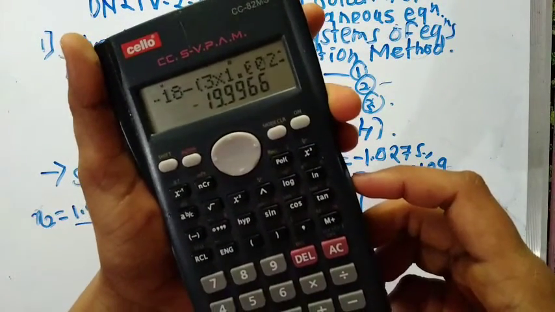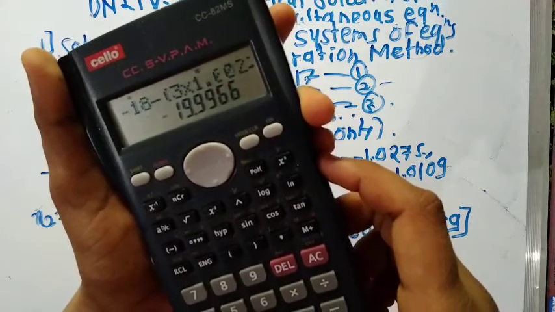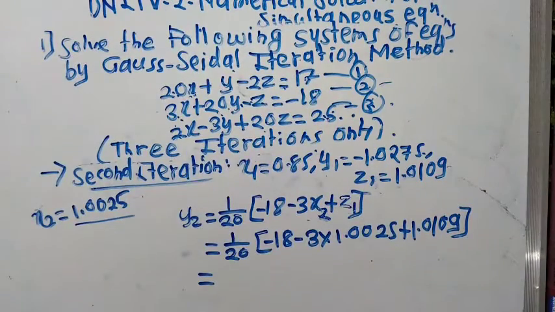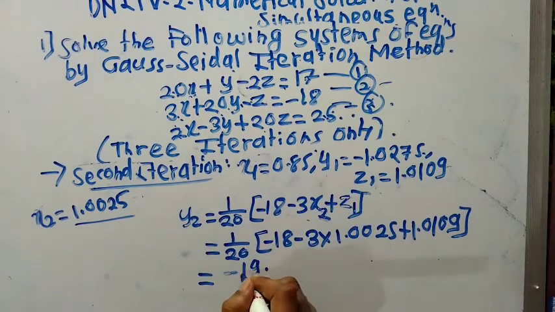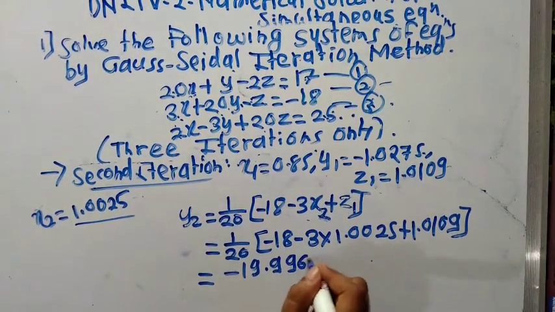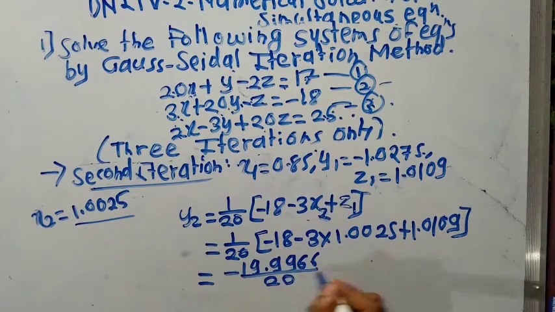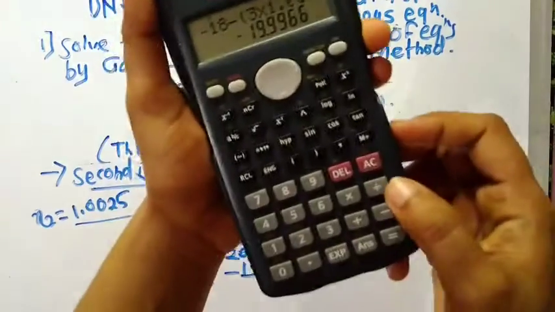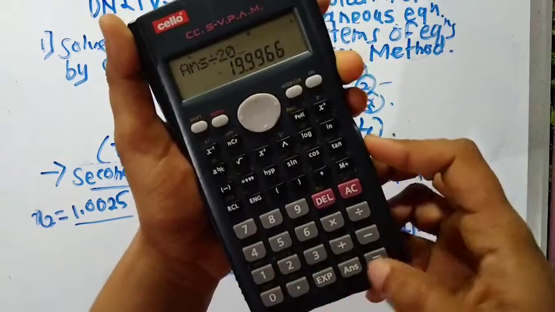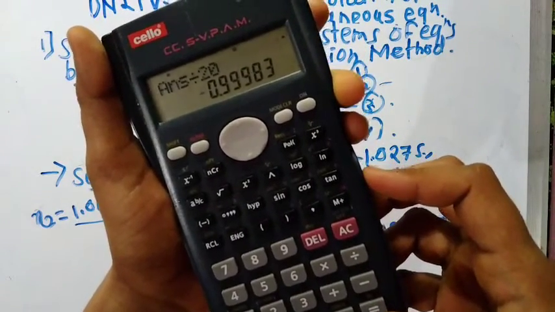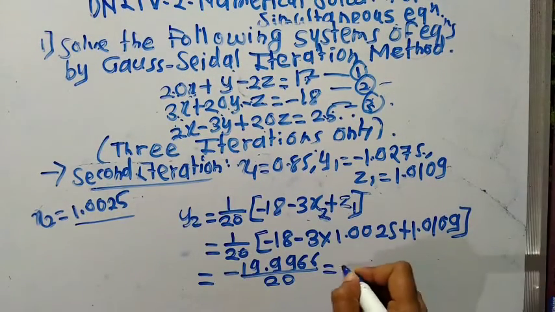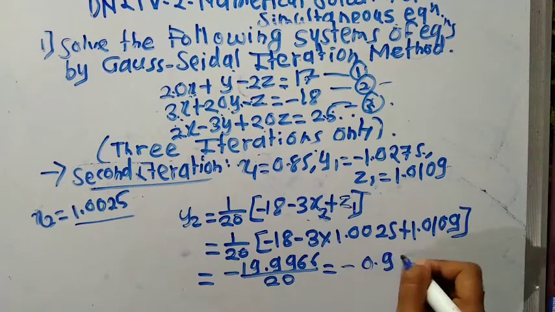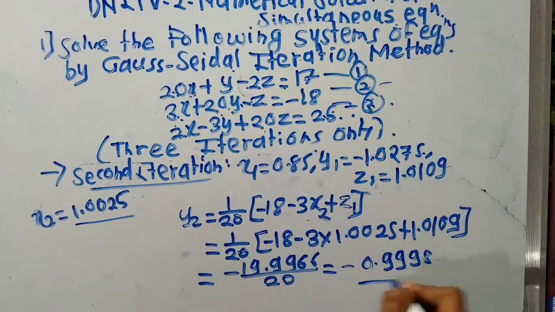Which is equal to minus 19.9966. Minus 19.9966 divided by 20, which is equal to minus 0.9998.